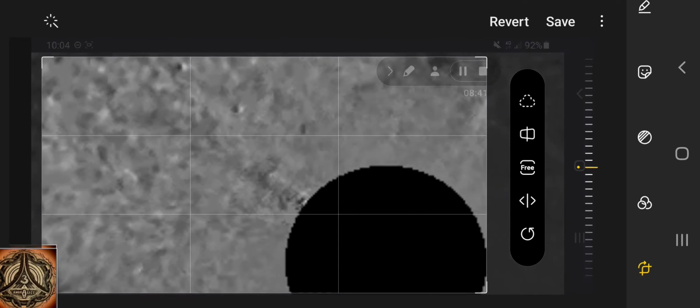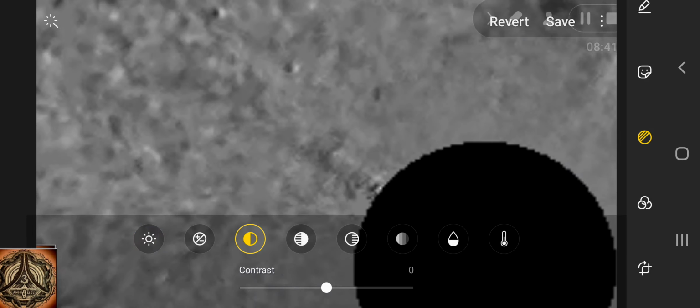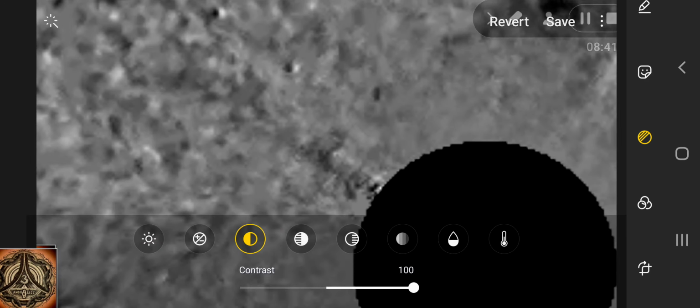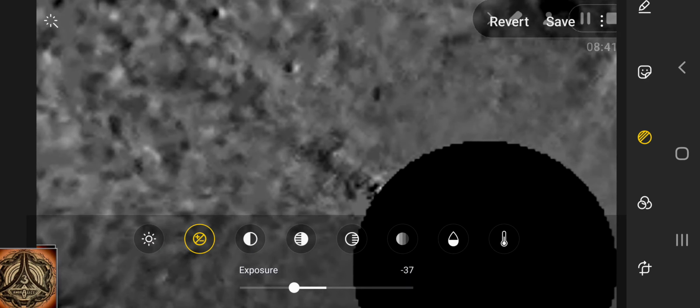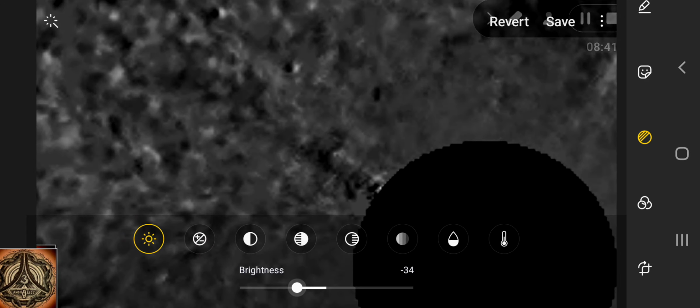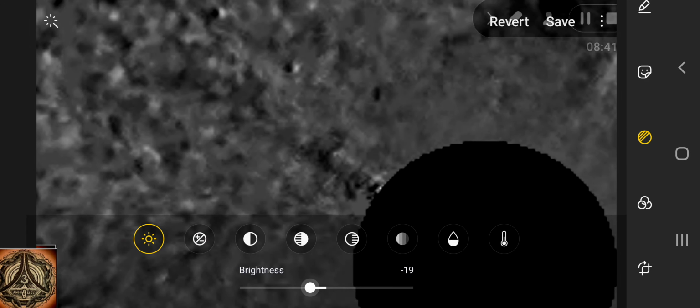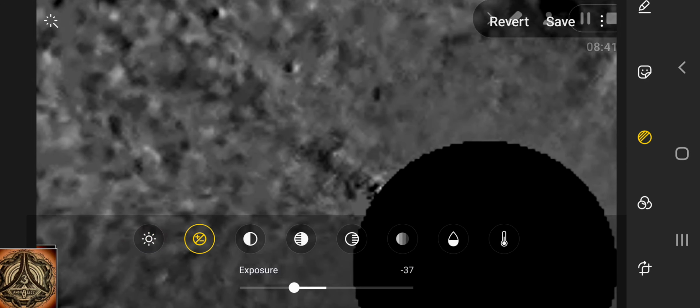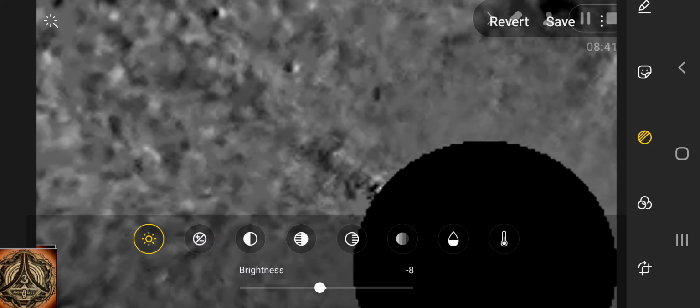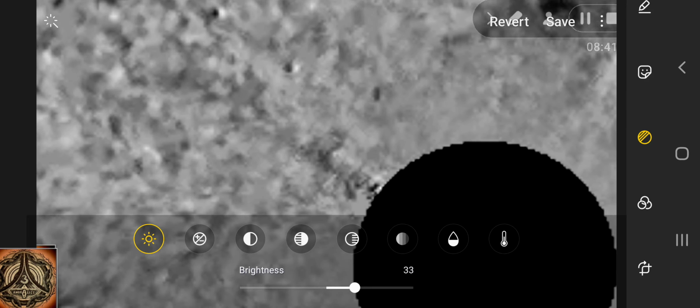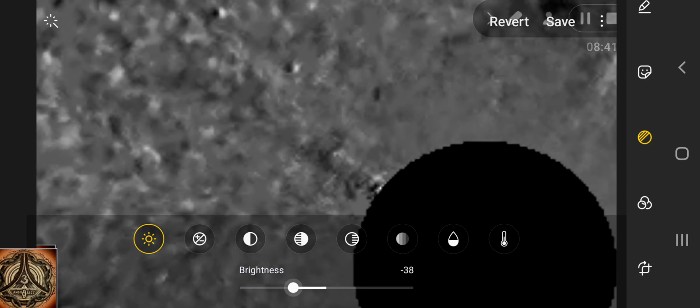Now, contrast, exposure a bit down, and maybe the lighting, or maybe not. Sometimes you got to play around a bit. Let's put this up and this down. No. And if we do it the other way around, no.